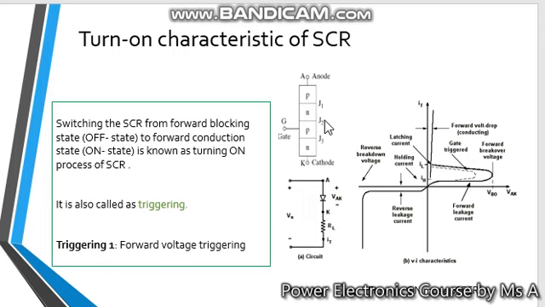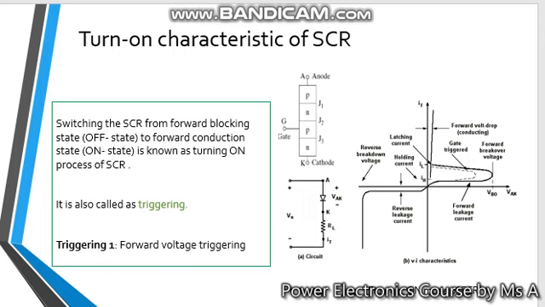As voltage is further increased at the voltage VBO or forward breakover voltage, the junction J2 undergo avalanche breakdown so a current flows and the device tends to turn on even when gate is open.